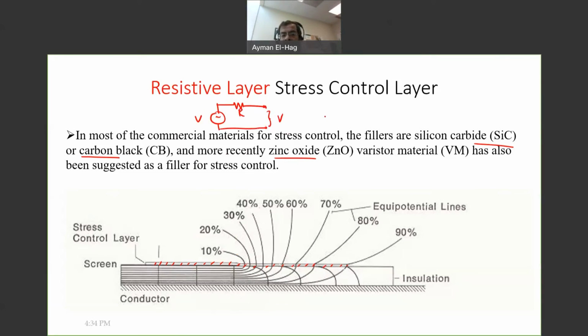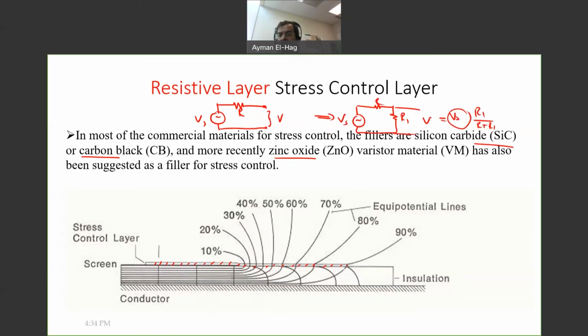Now, if I change this and I add another resistance R1, then the voltage across the stress grading material will follow the voltage division. So the voltage will be equal to the main voltage, let's say Vs here, Vs times R1 over R plus R1.